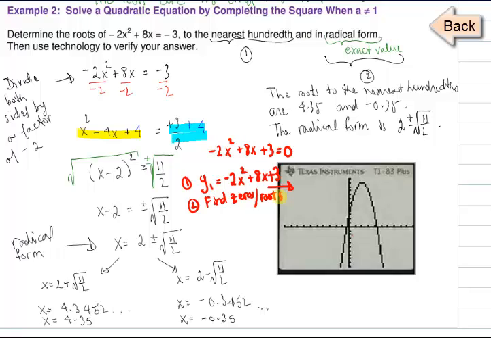What you should get to the nearest hundredths is that the root on the left is (-0.35, 0), and on the right you should get (4.35, 0). So you can see that your answers correspond to what you get here. Okay, so that concludes example 2.